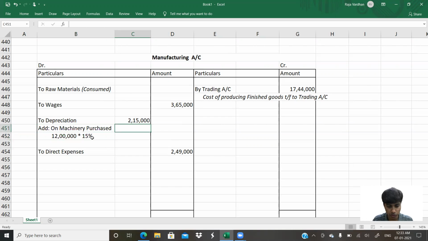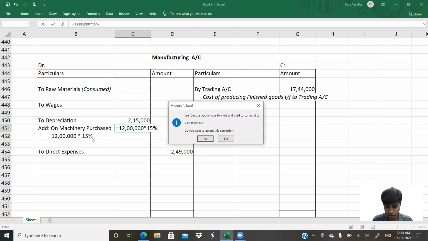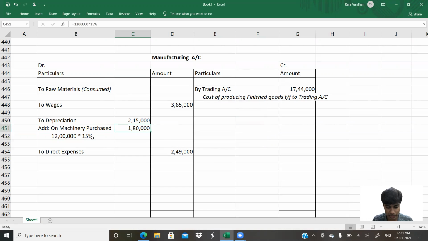How much is that? That comes to 1,80,000. So my total depreciation will be 2,15,000 plus 1,80,000. It is 3,95,000.